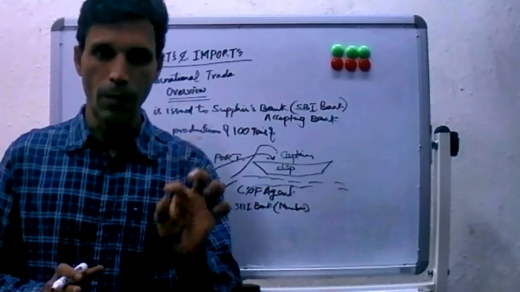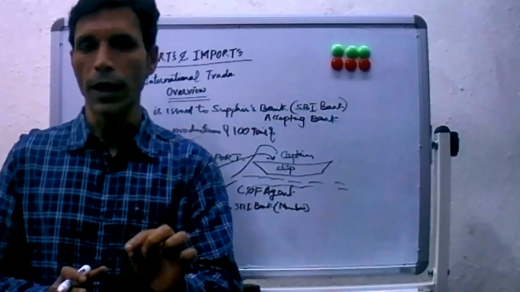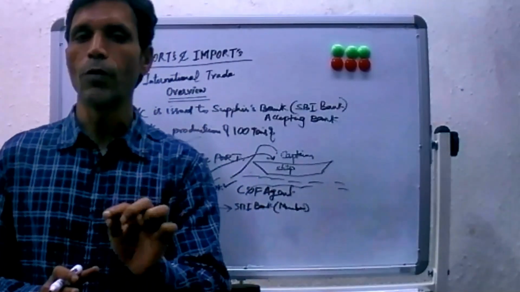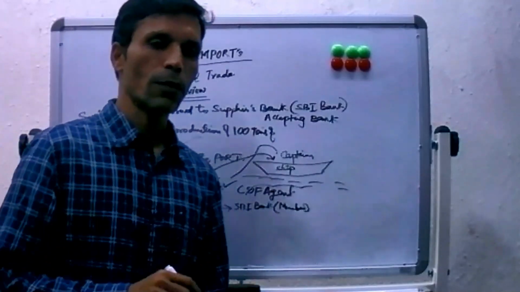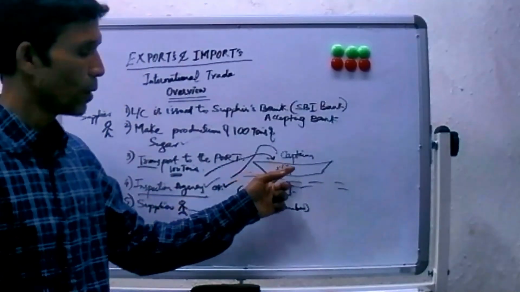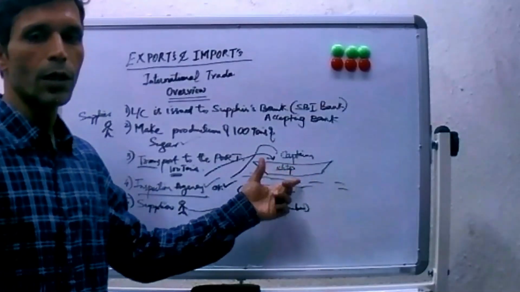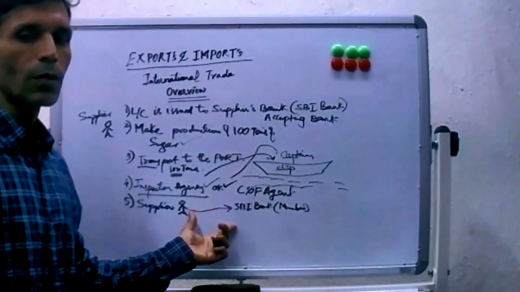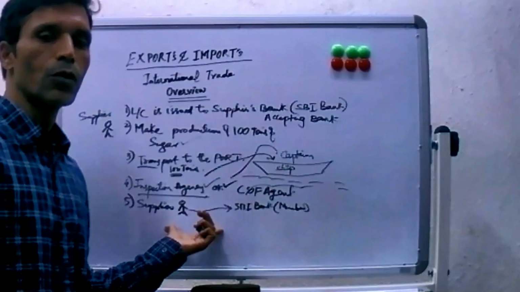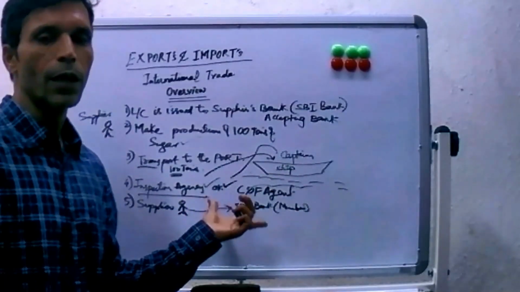The bank only considers what documents are needed as per the LC, and whether these documents are proper. These documents can be proper only with the help of the inspection agency, the C&F agent and the captain. Once the delivery documents are given, the supplier will also try to get these documents in soft copy, and he will take this clip.